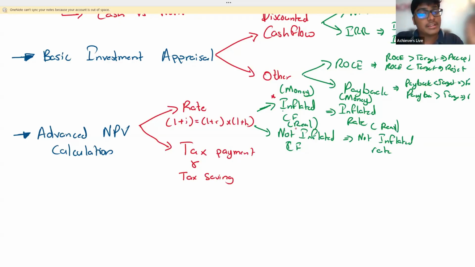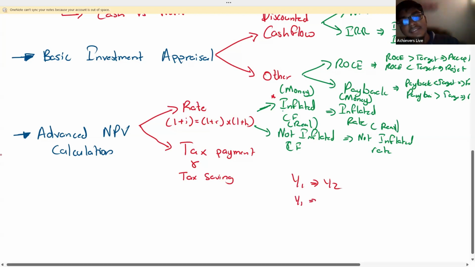Read carefully. Next thing, timing of the tax payment. Sometimes tax will be paid 1 year in arrears. That means year one's tax payment you will make in year two. That is what arrears means. Sometimes tax is paid in the same year: year one's tax payment will be paid in year one itself.